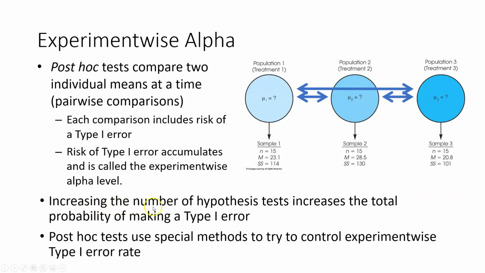So, increasing the number of hypothesis tests increases the total probability of making a type 1 error, but post hoc tests use special methods to try to control that experiment-wise type 1 error rate and keep it lower than it should be if we had not made any kind of correction. So it would be about 15% error rate if we didn't make a correction, but the post hoc tests use special methods to correct for that.